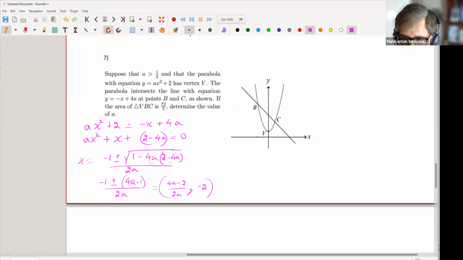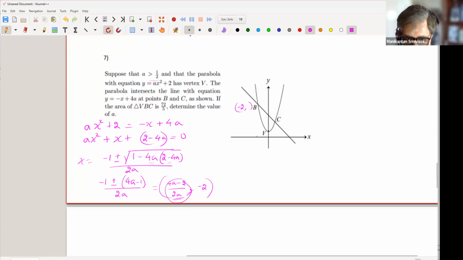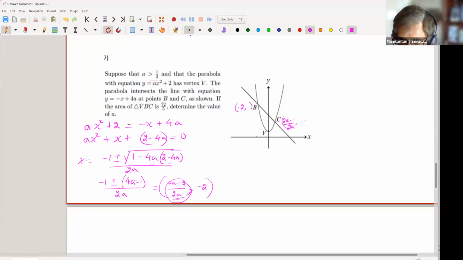It's negative, right? So this is minus 2 comma something, and this is 4a minus 2 upon 2a. So 4a minus 2 better be a positive number, right? The way it is drawn, a is given to be greater than half. So 4a minus 2 is positive. So I'll write it as 2a minus 1 by 2a, comma, blah, blah, blah. I don't care what the y coordinate is.